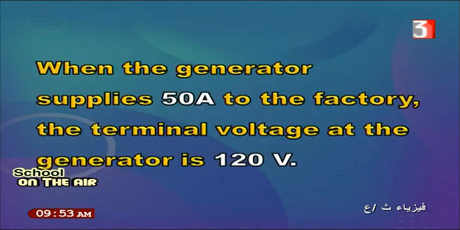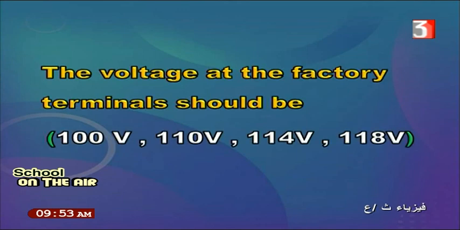When the generator supplies 50 ampere to the factory, the terminal voltage at the generator is 120 volt. Current 50, voltage at the generator 120. We want the voltage at the factory. How to do this? The choice will be 114, and I'll explain it. We'll calculate the drop in voltage.